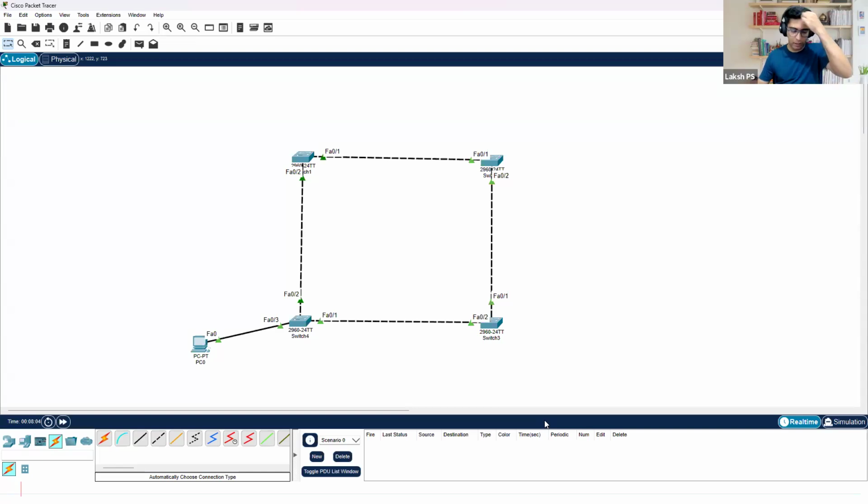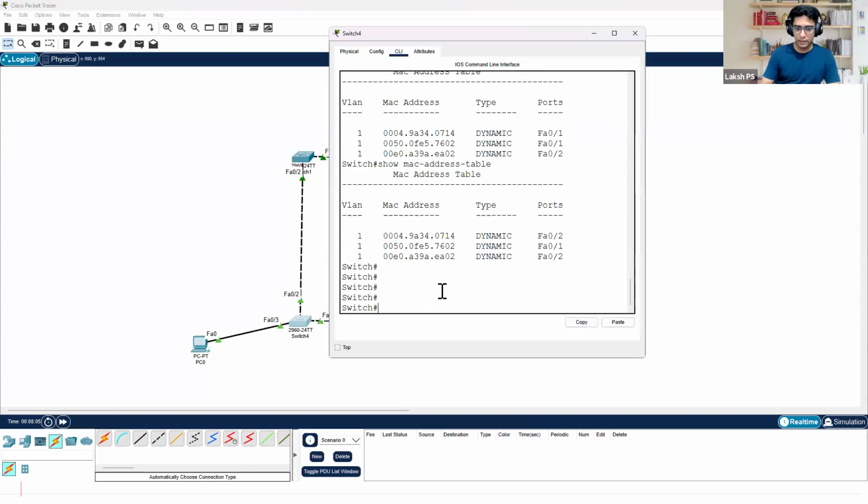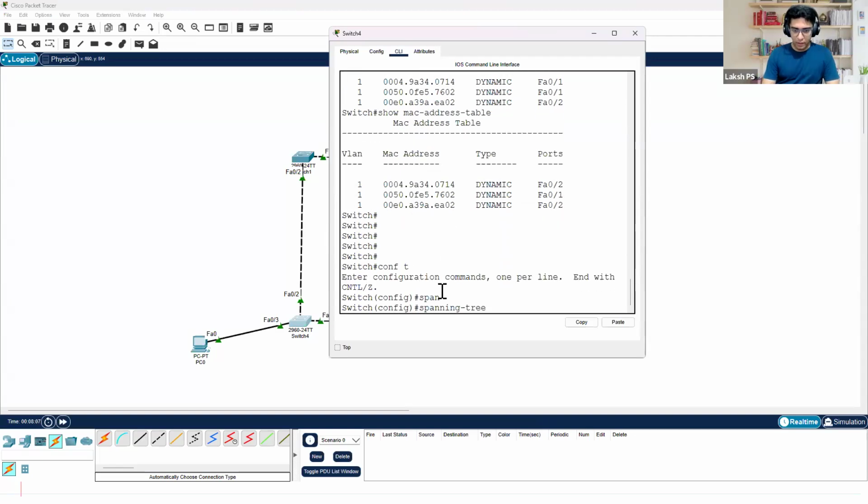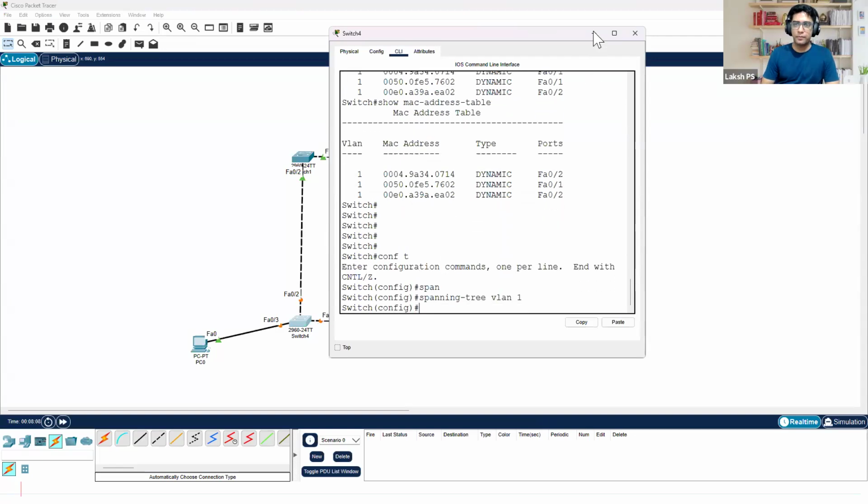Simple. Now to stop the loop, let's bring back the spanning tree configuration.